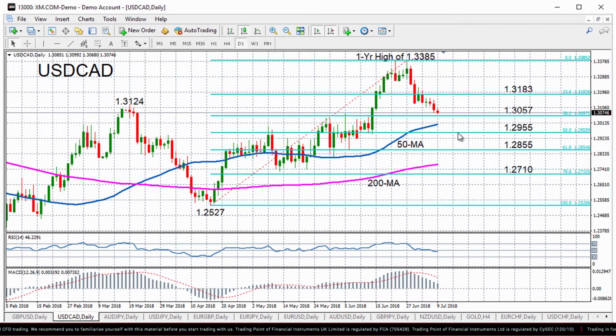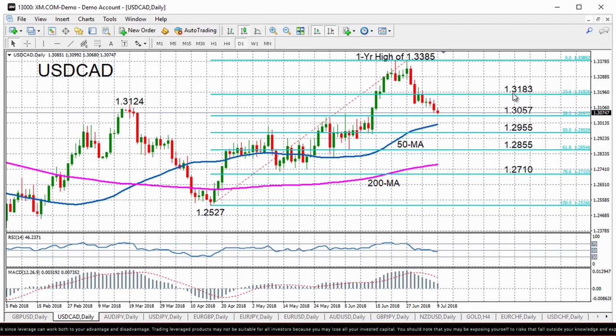And then further down, we've got the 50% Fibonacci at around 1.2955. So a breach of those supports at the 50-day moving average and the 50% Fibonacci would shift the focus back to the upside.